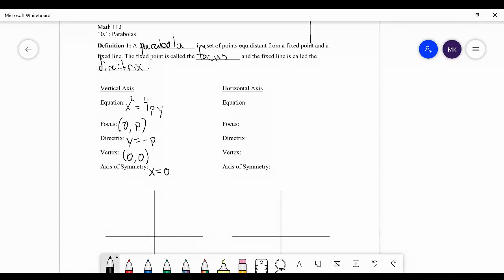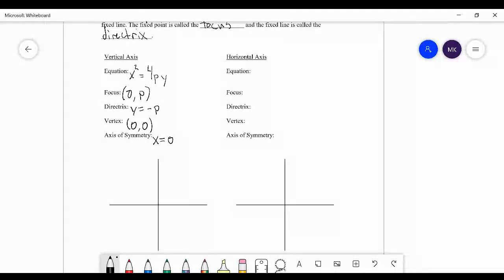Okay. So what this gives us is a very simple graph of a more traditional parabola, where this is the focus, and this is the directrix.